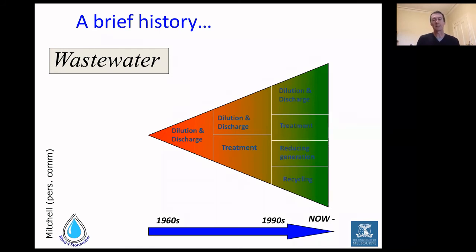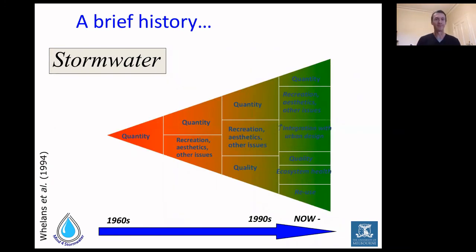We've then seen a much stronger movement towards appropriate treatment, trying to also reduce the generation of wastewater by water efficient appliances with benefits for water supply as well. But now, in the last few decades, a really substantial increase in the prevalence of recycling as well, where that water is treated and then used for a whole range of other uses, in some places all the way up to potable or drinking water.